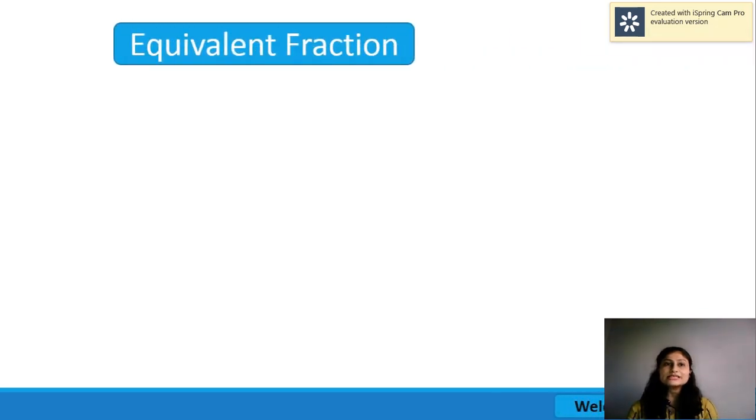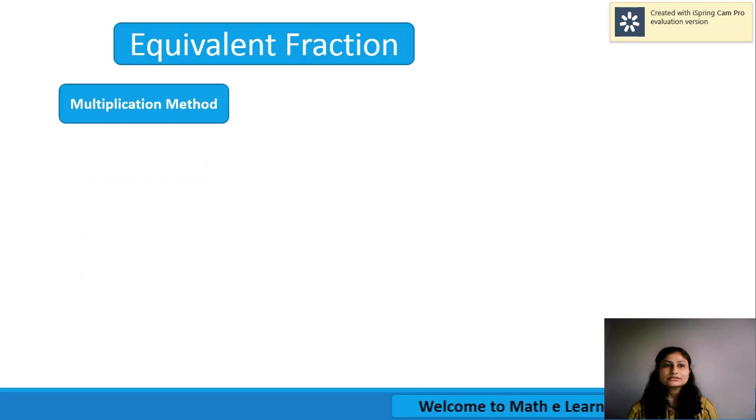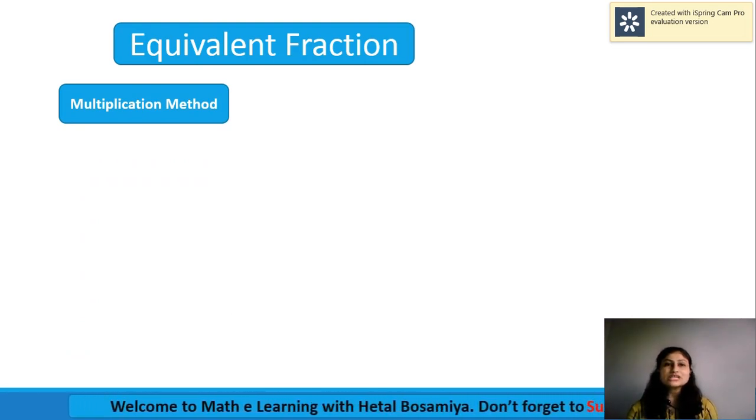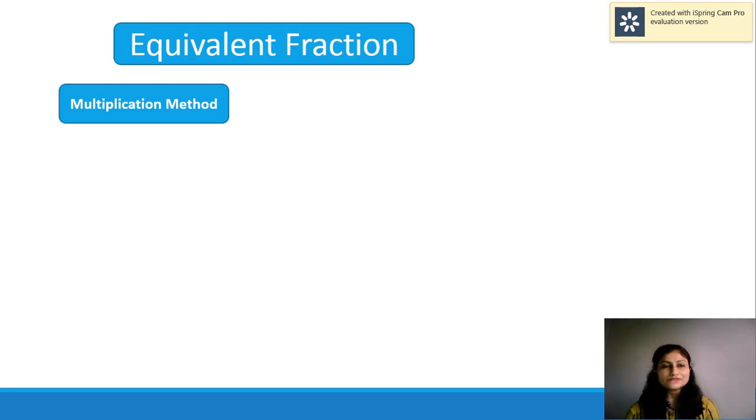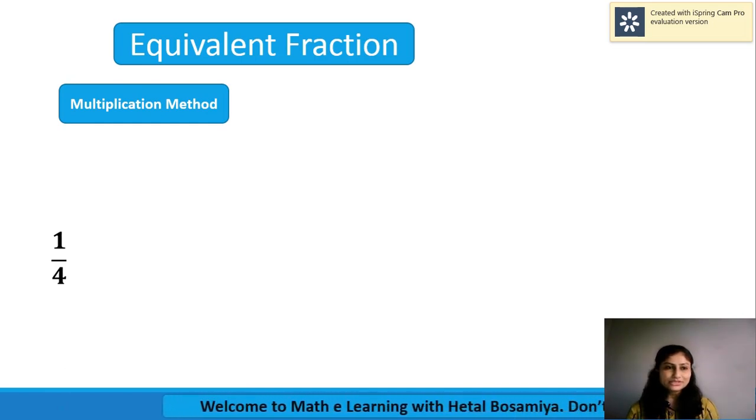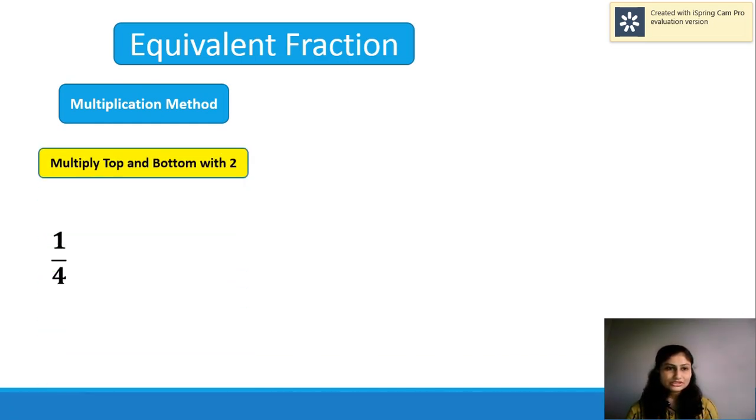Next topic is equivalent fractions. There are two methods by which we can find equivalent fractions. First method is the multiplication method, and we understand it using one example, 1 upon 4. How to find the equivalent fraction of 1 upon 4?